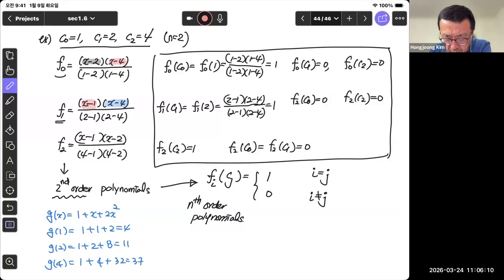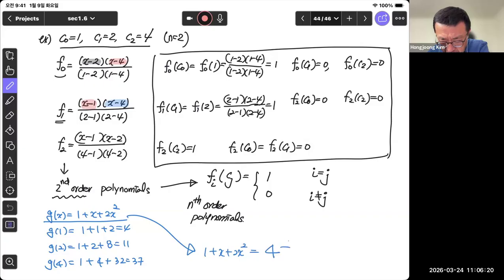So this g of x, 1 plus x plus 2x squared, can be written as 4 times f naught plus 11 times f1 plus 37 times f2.